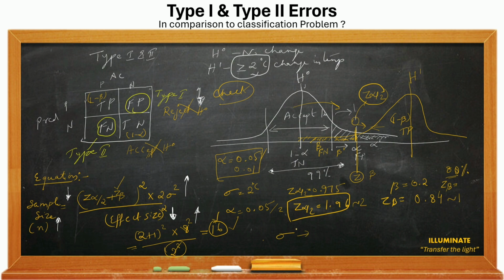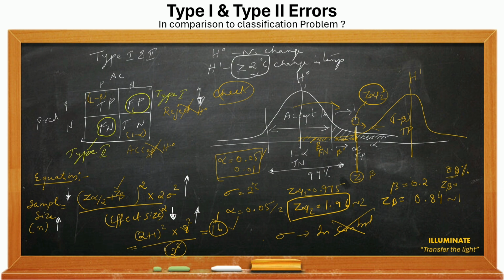The standard deviation is something which is not in your control. So as you increase the sample, the standard deviation would kind of reduce. With more samples, values will tend to fall closer to the mean value. So the more samples you take, the standard deviation would reduce.